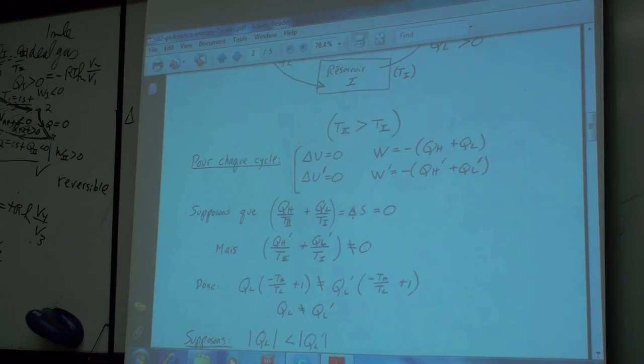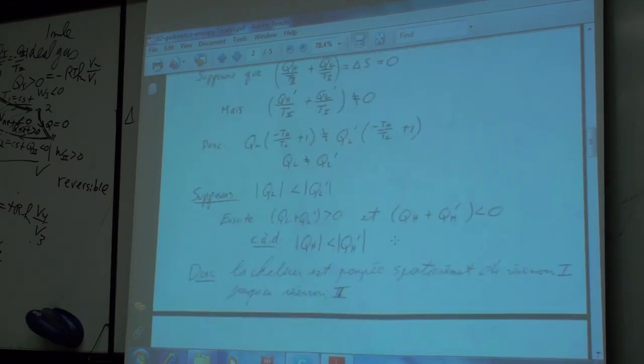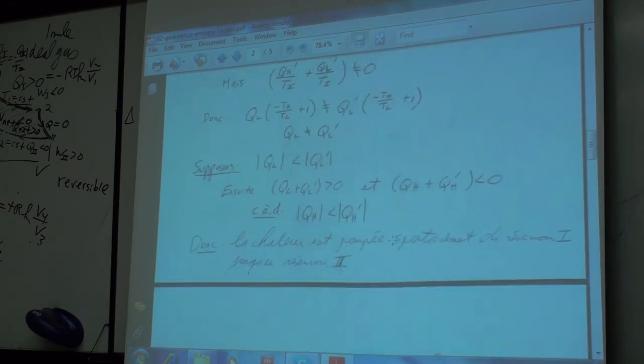Then you go through the entire cycle, and what you find is that QH is less than QH prime. And what this means is that heat is pumped spontaneously from reservoir 1 to reservoir 2.